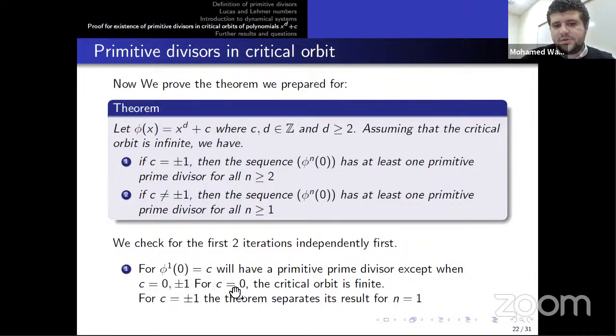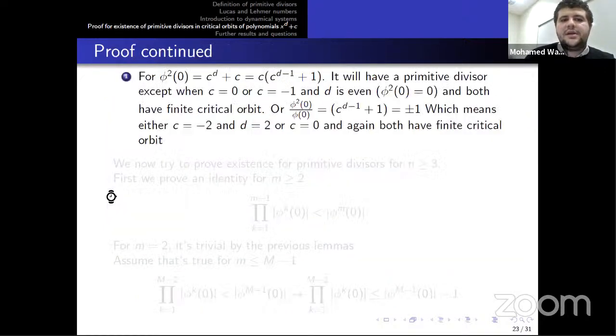So if c is 0, the critical orbit is finite, and we take that the critical orbit is infinite. For c plus or minus 1, this is treated independently. We don't check n equal to 1 for c equal to plus or minus 1. The second iteration, c^d + c. This is c times (c^(d-1) + 1).